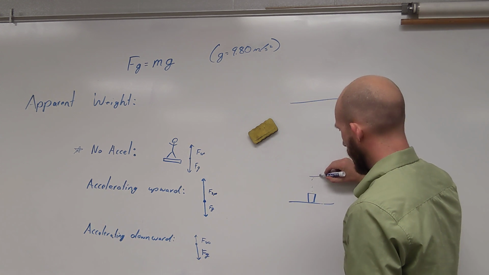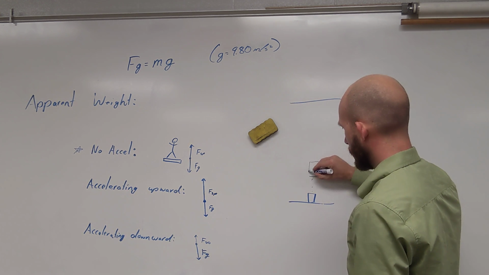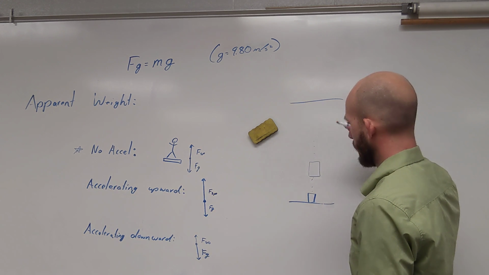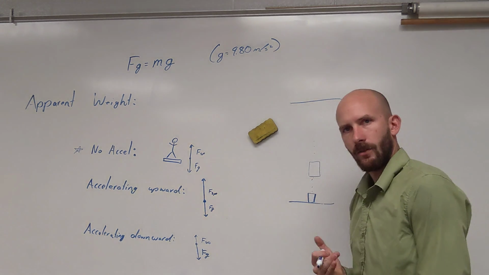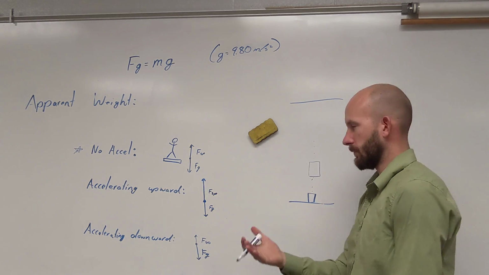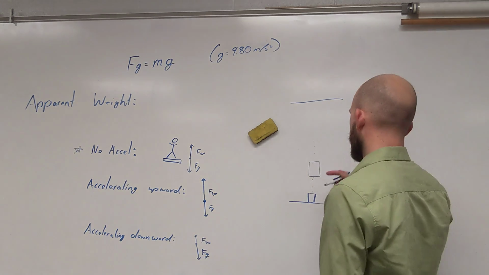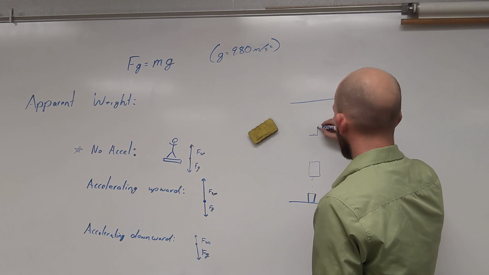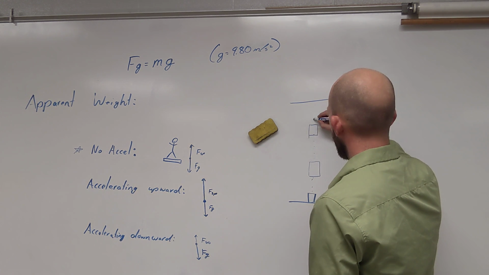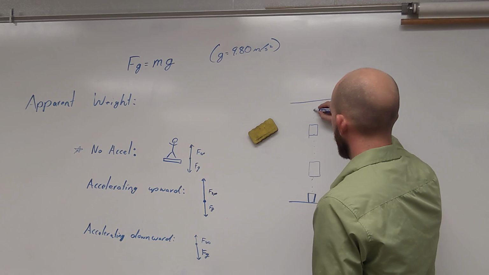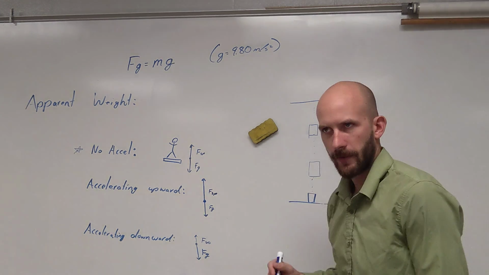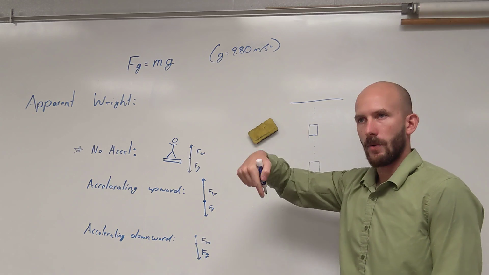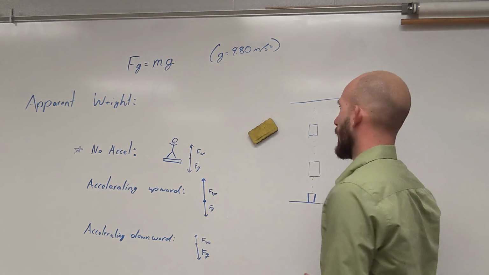And then for a period of time, it's going to travel at a constant velocity, just normal weight. Then it's going to begin slowing down, right? Acceleration would be downward. You're going to feel lighter.